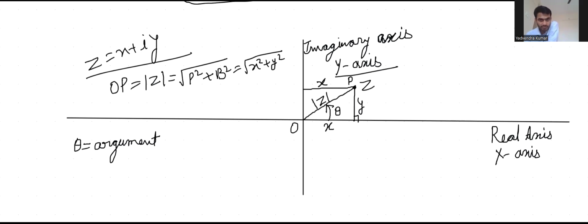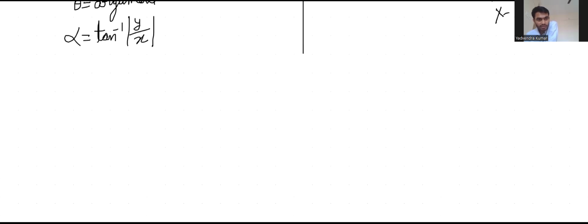So alpha is equal to tan inverse of modulus of y upon x. And theta varies according to the quadrants. So theta, the argument, will be equal to alpha if z is in the first quadrant.